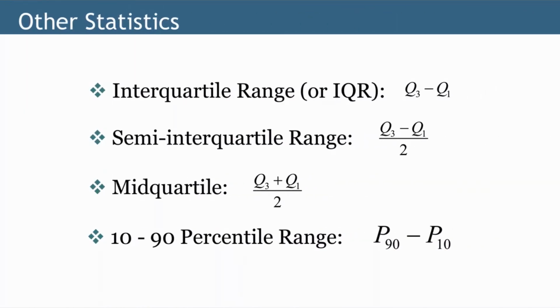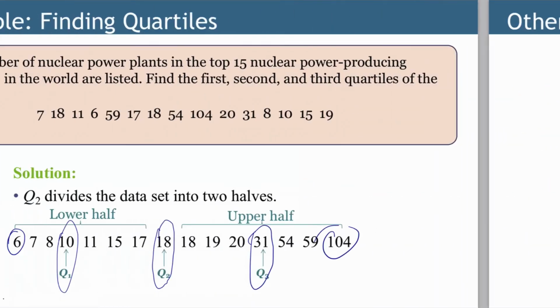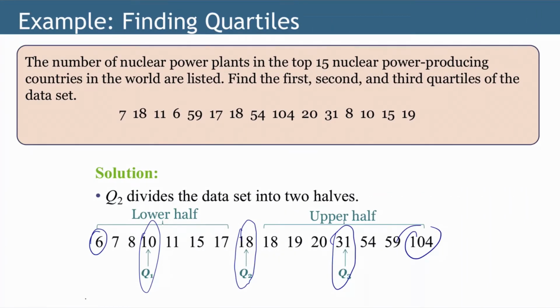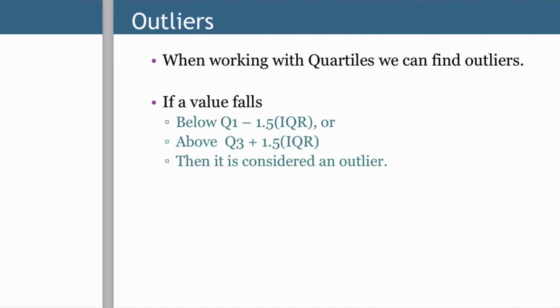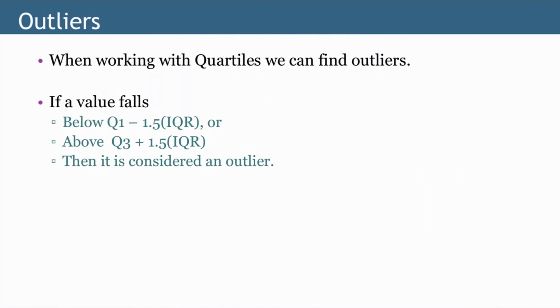All right. And then with those quartiles, here's your Q1 and Q3, right? 10 and 31 in this case. You can calculate these values, and then these values are also used to kind of gauge spread. Now, if you're working with quartiles, you can use quartiles to also gauge outliers.